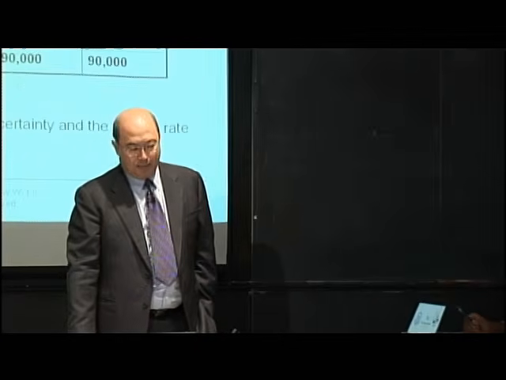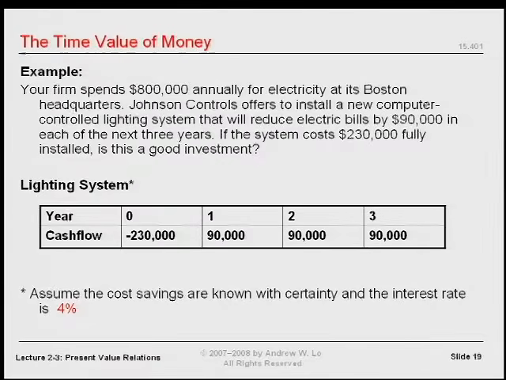Now here's an example of how you use this valuation approach. And the problems that we handed out last time will give you practice in how to think about present value. So I'd urge you to do those problems to make sure you really understand these concepts. Here's an example where a firm spends $800,000 every single year for electricity at its headquarters.